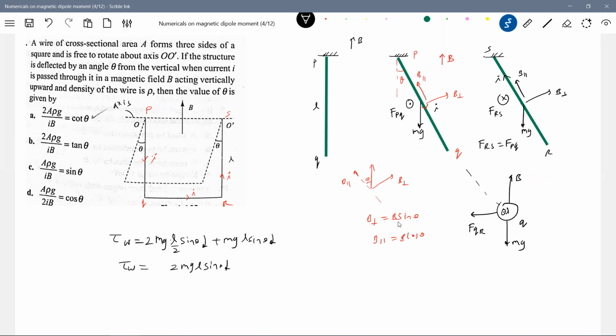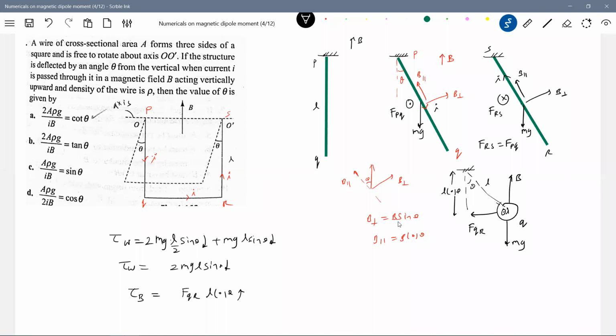Torque due to the force, the magnetic force. So that should be equal to FQR into L cos theta, FQR into L cos theta.